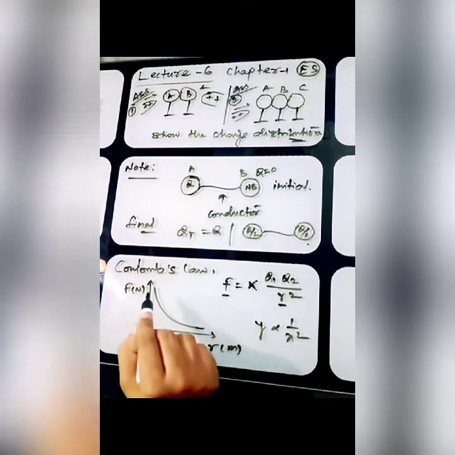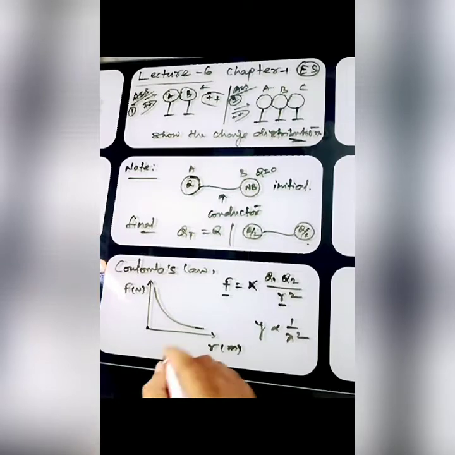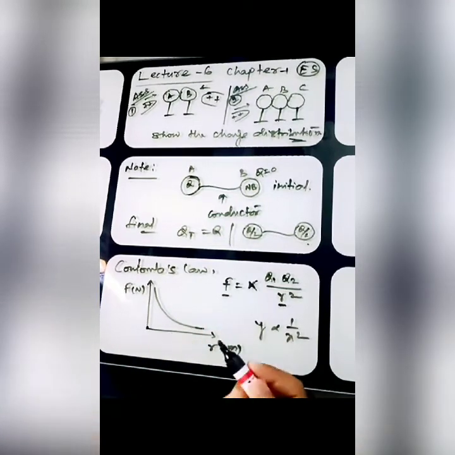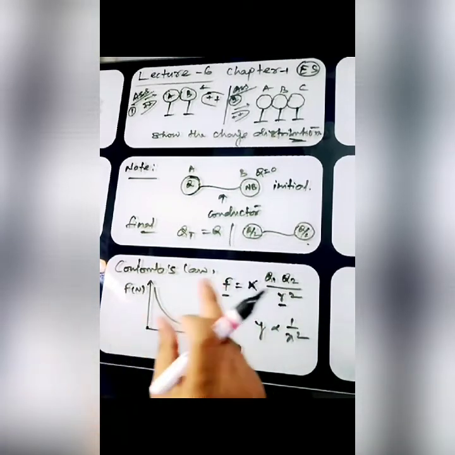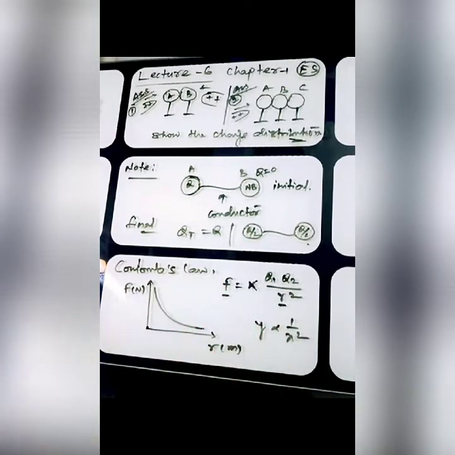This graph is very simple. If a question asks you to plot the graph between force and separation between two point charges, you have to plot this type of graph.